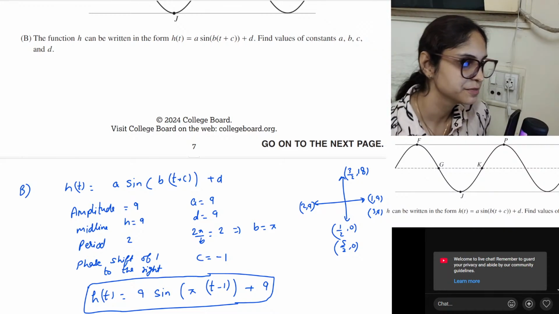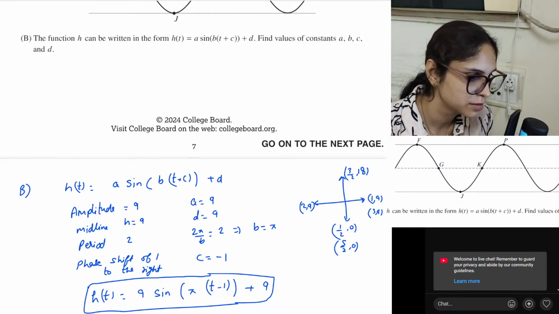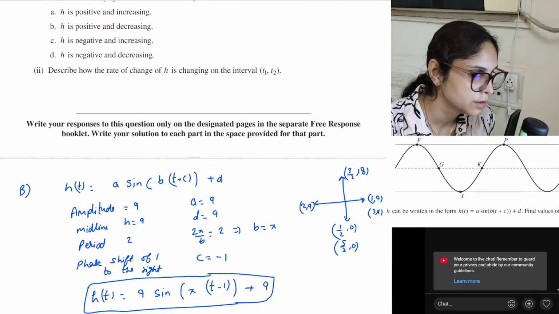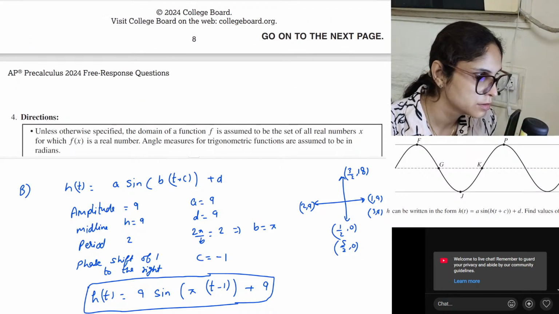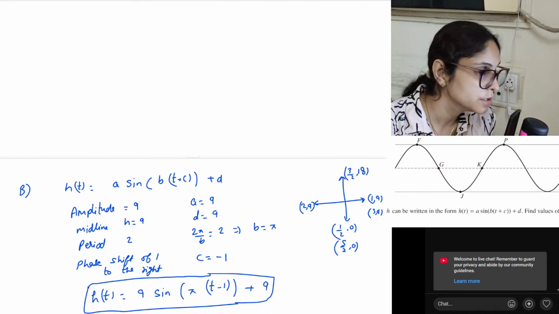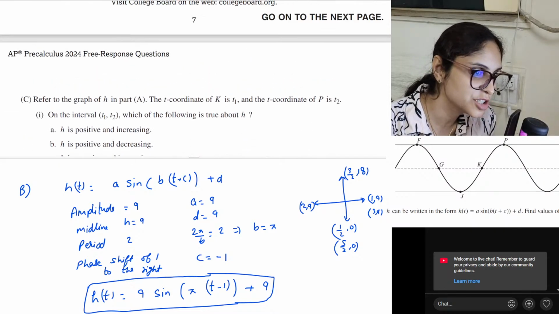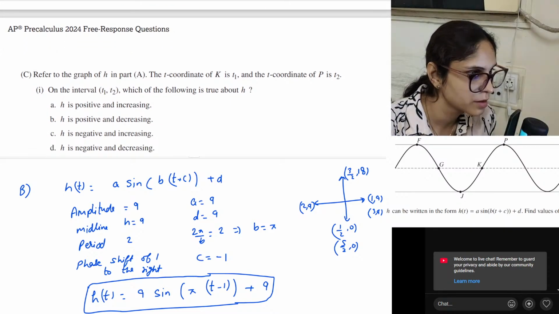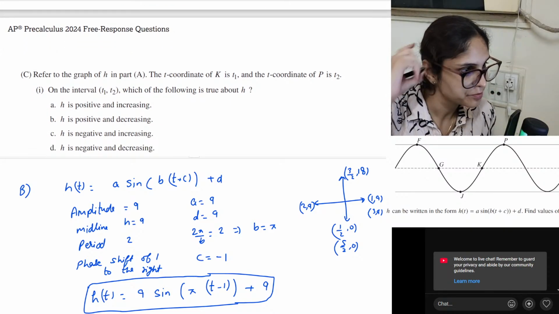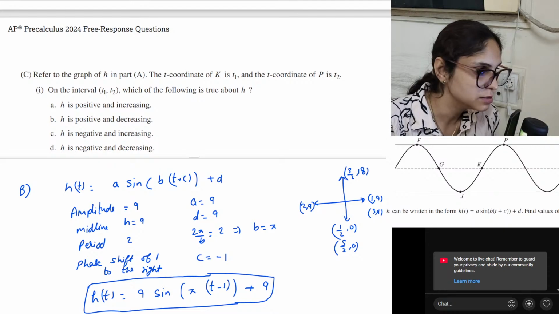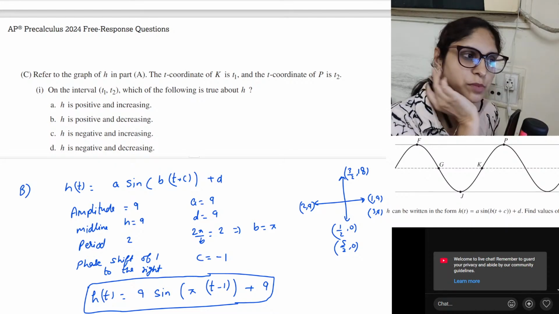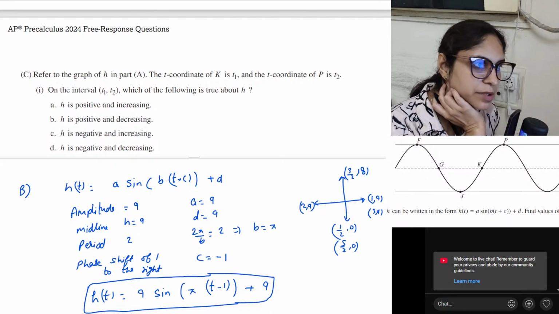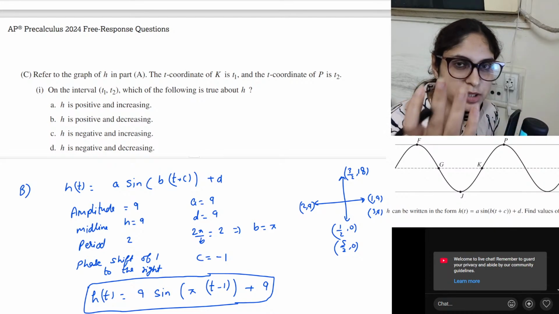We are done with the second part. Now this third part as well. So the function can be 9 sine pi (t minus 1) plus 9. You can also do t minus 3, because t minus 3 and t minus 1 mean the same thing since the period is 2.